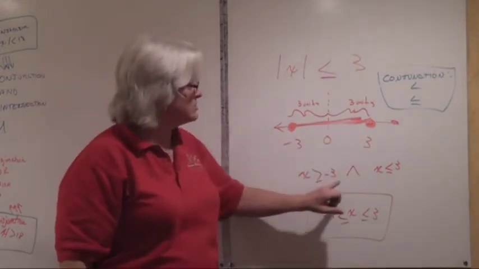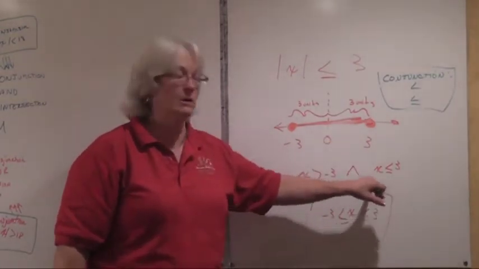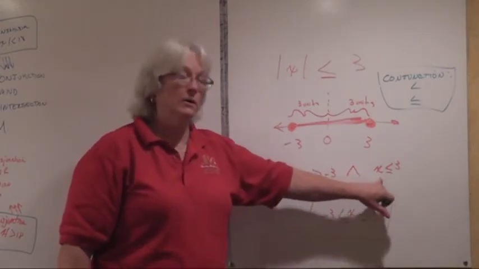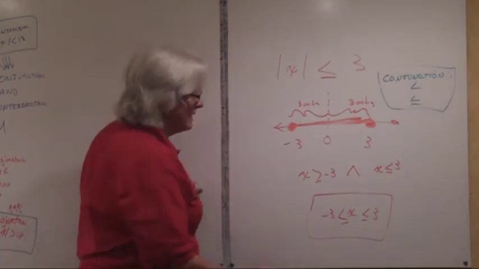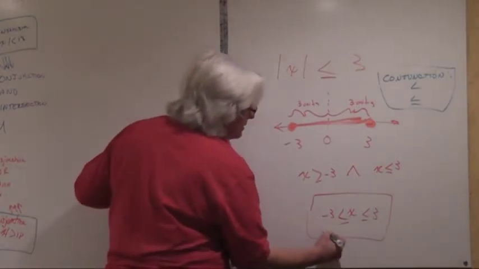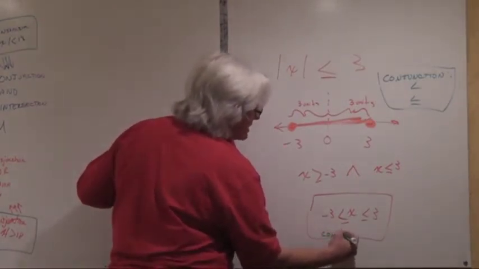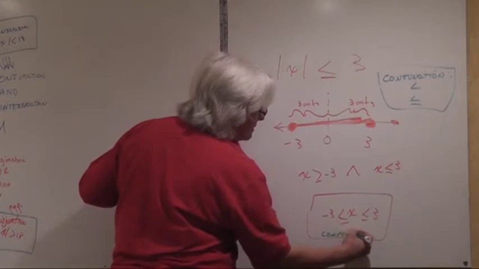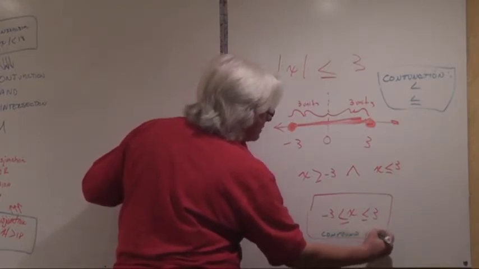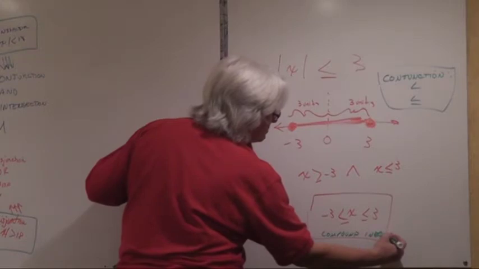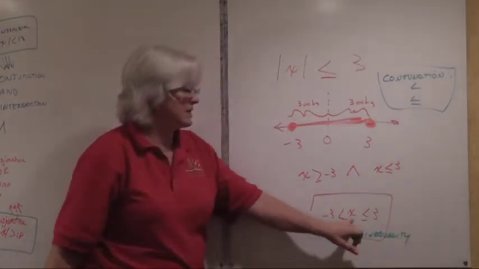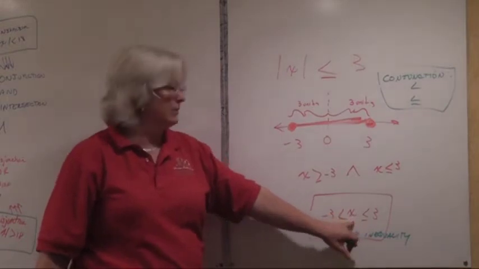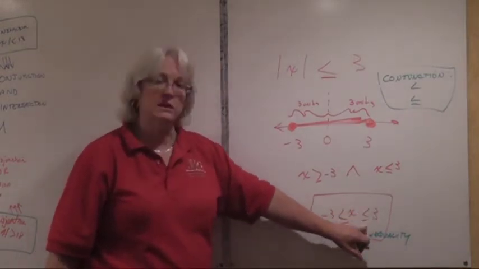Not only can you condense your 2 statements here into one, but you must write it as what they call a compound inequality. 2 sentences at the same time. Compound inequality. -3 is less than or equal to x, and x is less than or equal to 3.